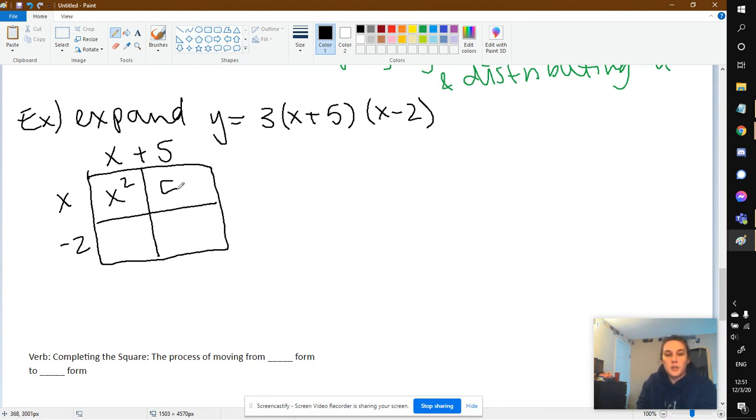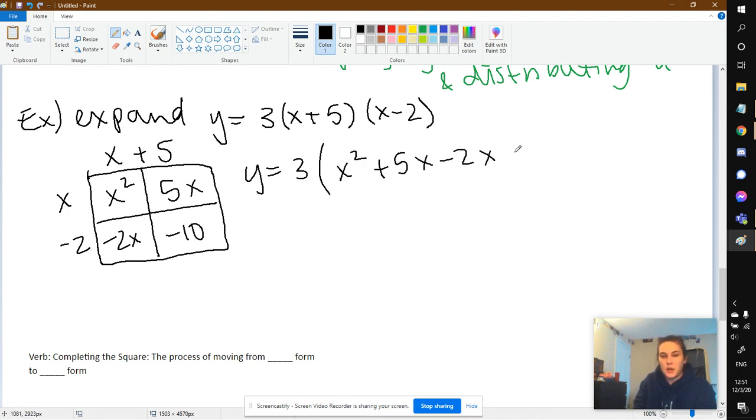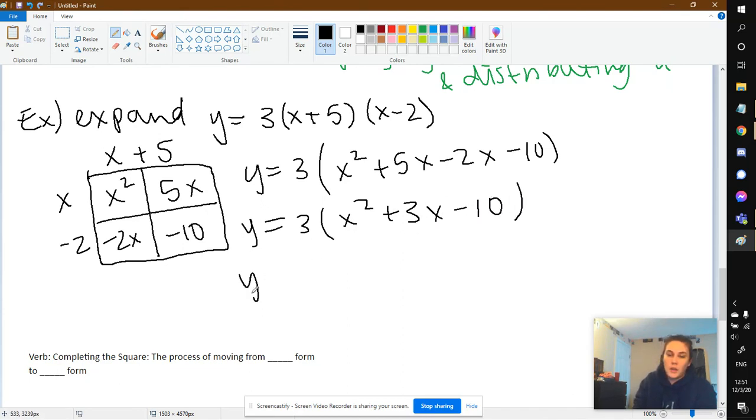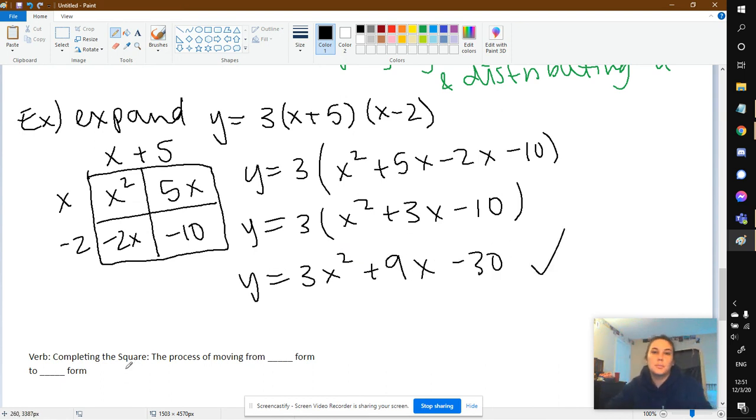We're going to fill out the box by multiplying the left and upper sides of each of the sub-boxes. I'm going to rewrite my equation as x squared plus 5x minus 2x minus 10. I'm going to combine my like terms. So 5x minus 2x becomes 3x. And then I'm going to distribute the 3 and multiply each of these things by 3. And now I'm in standard form.